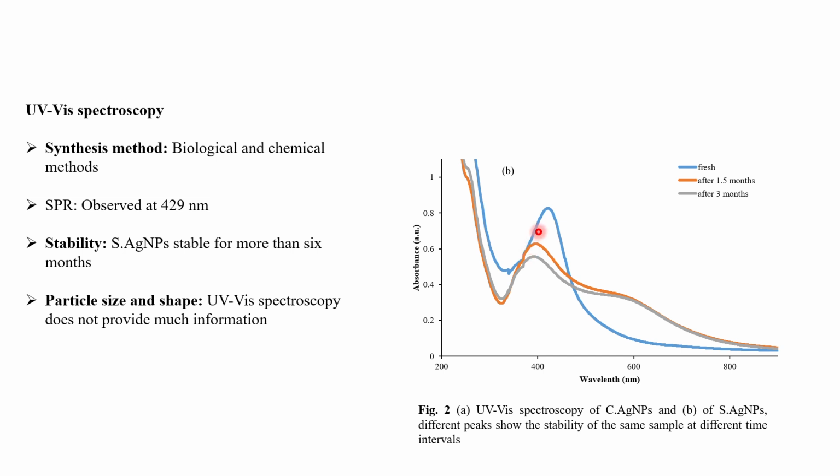After that, we measured the stability by taking the UV after 1.5 months and after 3 months. There was a little decrease in the absorption. It means some nanoparticles revert to their respective compound, just like we use silver nitrate as a precursor for the silver nanoparticles.